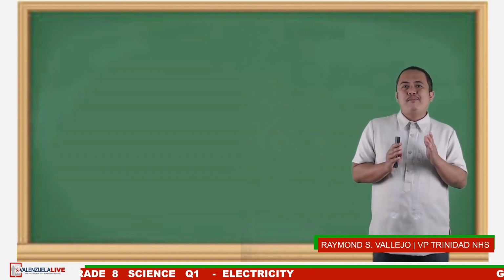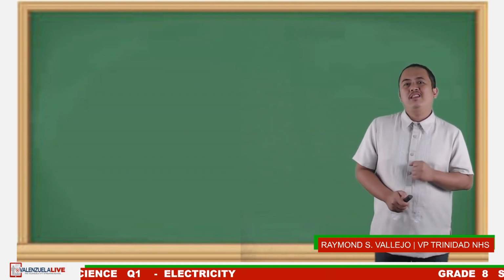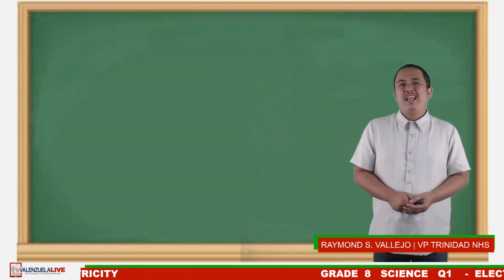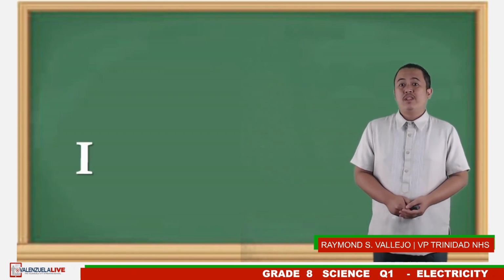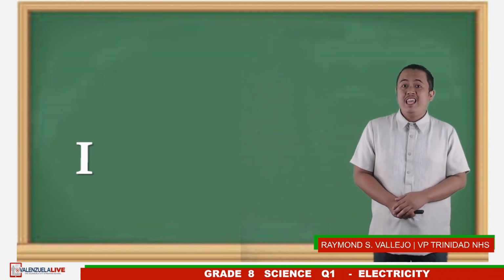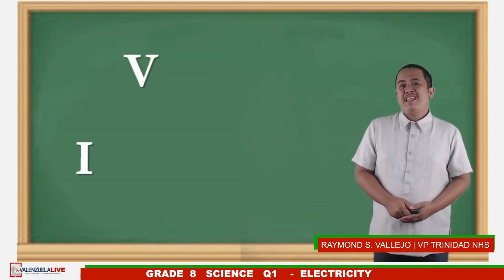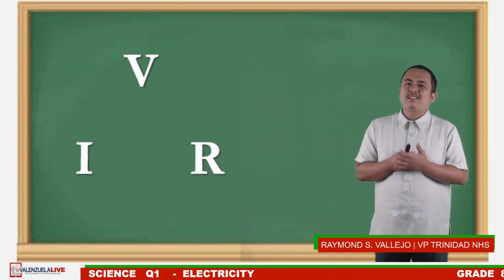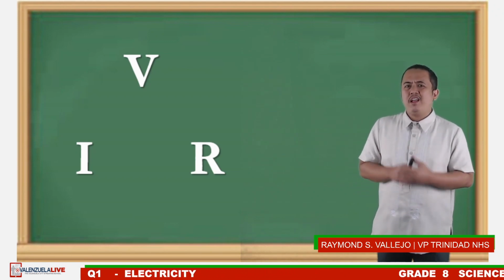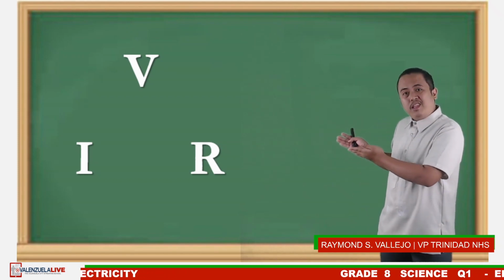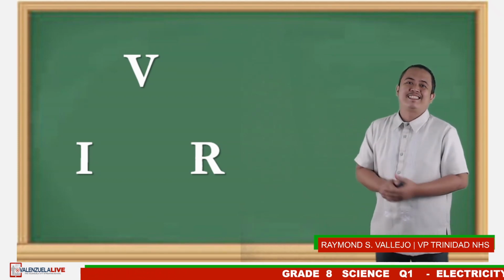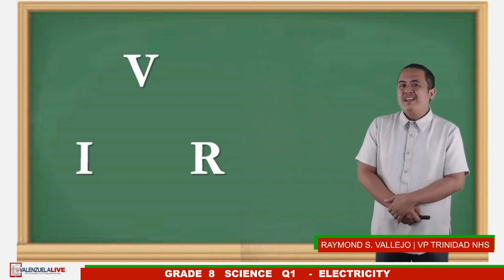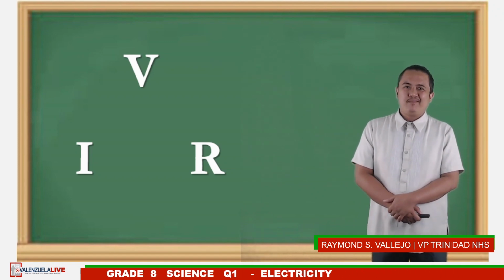Also, during our previous session, we mentioned three important measurements related to electricity. They are represented by the three letters I, V, and R. Concerning today's topic, what do you think are the meanings of these three letters? You may type the answers in the comment section.